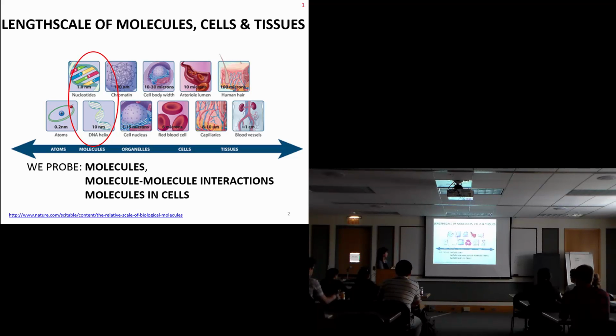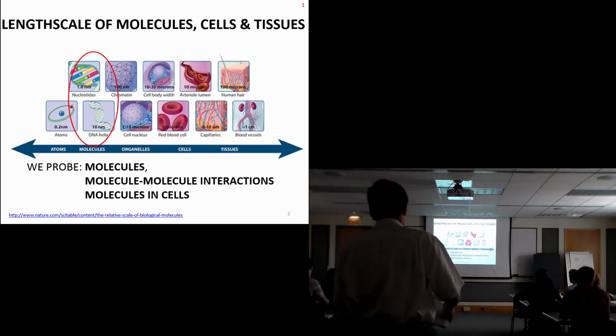So yeah, this is the dimension of molecules that we look at: tens of nucleotides or base pairs of DNA, for example, or individual proteins which can span, I don't know, 50 to 70 angstroms or 5 to 7 nanometers. That's the length scale of imaging that we do. These include individual molecules, sometimes molecule-to-molecule interactions, or sometimes molecules inside of a cell.